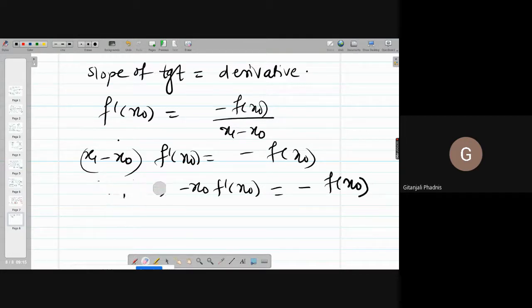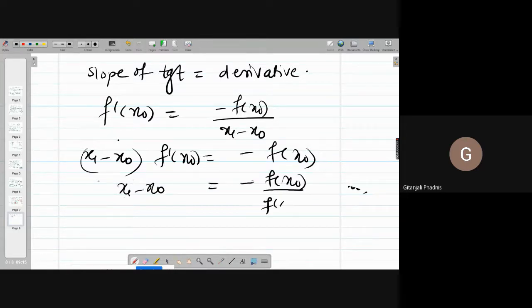No, I am doing wrong. No need to expand this. What I need to do is only x1 minus x naught is equal to minus f(x naught) upon f dash x naught, and then x1 I will keep here, and I am getting the same answer which I got using Taylor's expansion. Correct?